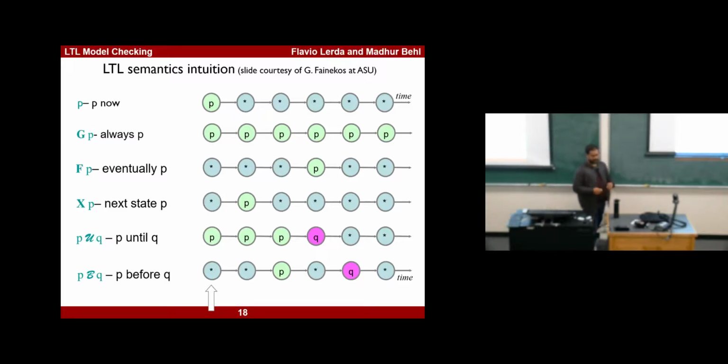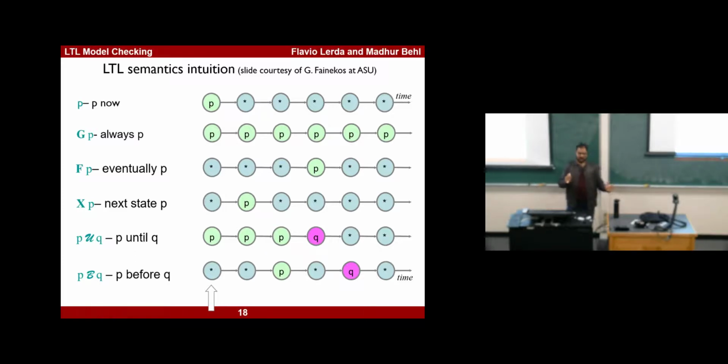The last one is, again, we won't use the before operator for good reason. I'll tell you that later, but let me at least tell the definition since it's here. P before Q says that I must see a Q, and P must have occurred at least once before that.